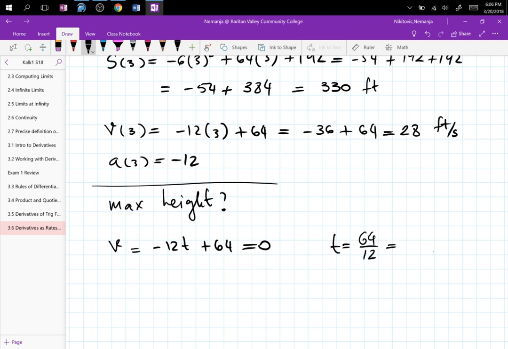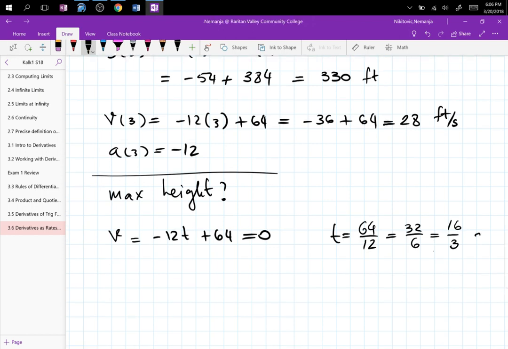You can keep canceling this: 64 over 12 is 32 over 6, and that's 16 over 3. So 16 over 3 seconds. So at time 5.33 seconds is when we have the max height occur.